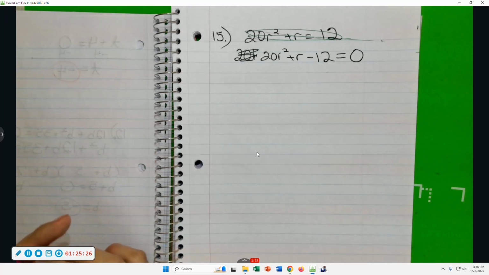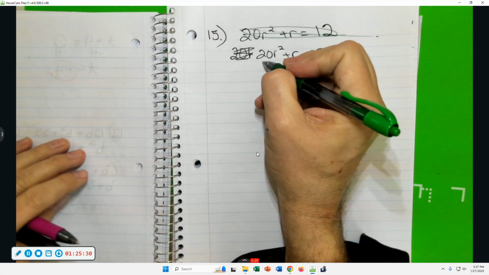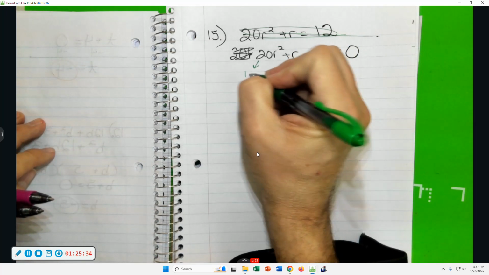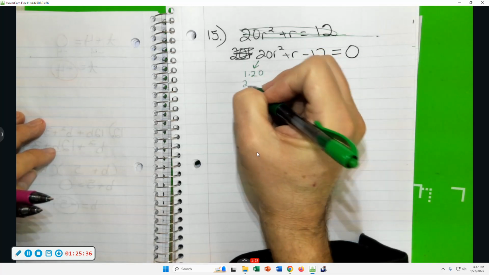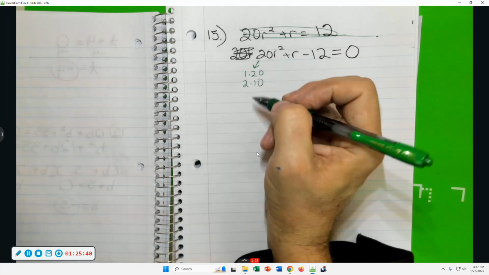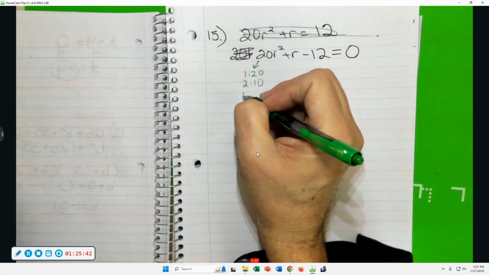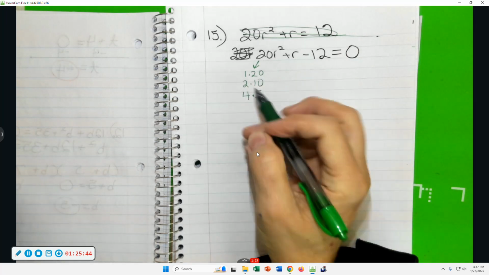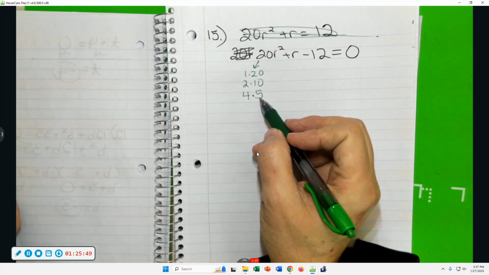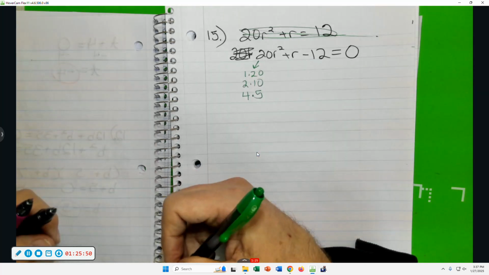Okay, if we're going to solve this by factoring, first of all, we need the factors of 20. Well, there's 1 times 20, 2 times 10, 3, does it go evenly? What about 4? 4 times 5. The next integer after 4 is 5. Well, I've already found the 5 factor, so I've listed all the possibilities.